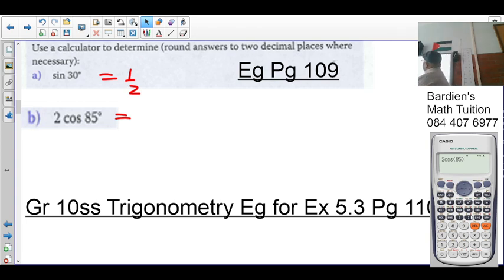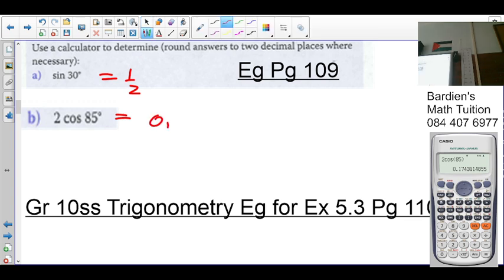And we're going to work to how many decimal places? 2. Okay. Always adhere to the question asked. If they say 2, then you give it in 2. If they say 3 or 1, you give it as that. If they don't specify, you have a choice. So that's going to give us an answer of 0.17.